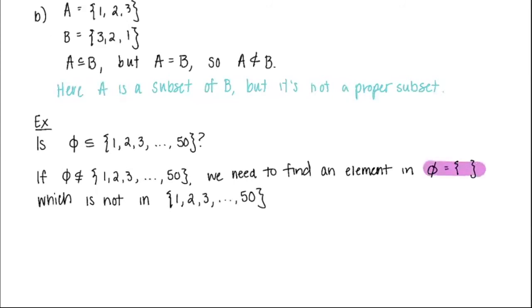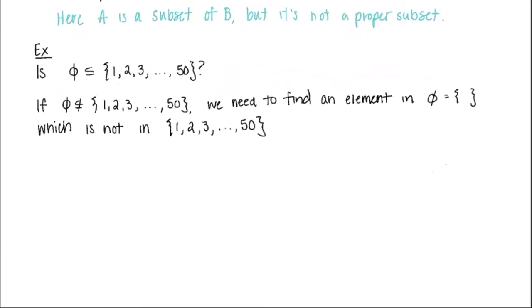But because this has no elements, there's no way I can figure that out, or no way I can actually accomplish that. So since the empty set contains no elements, this can't be done.